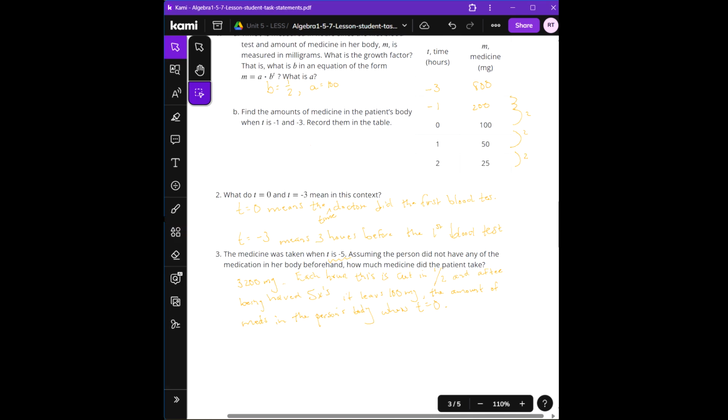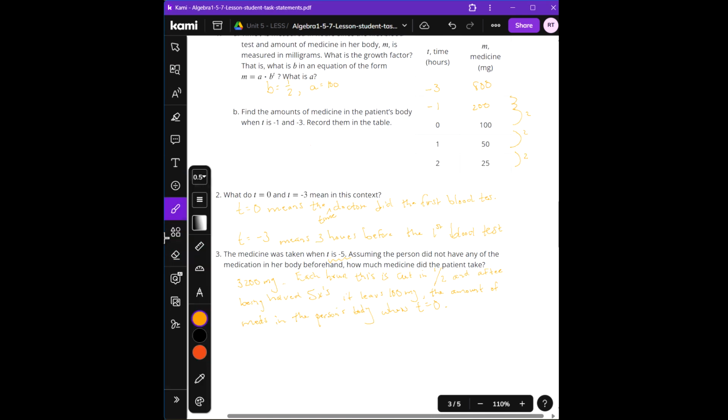So let's take a look at that. We have our equation up here, and so let's go ahead and write it. M is equal to, we're going to substitute our values. So 100 at t equals 0, and then here we have -5.